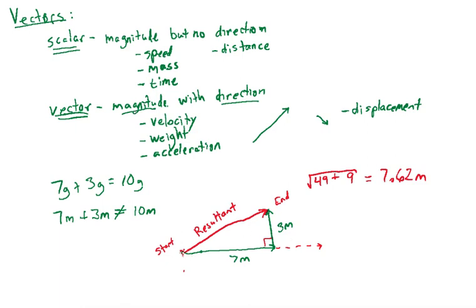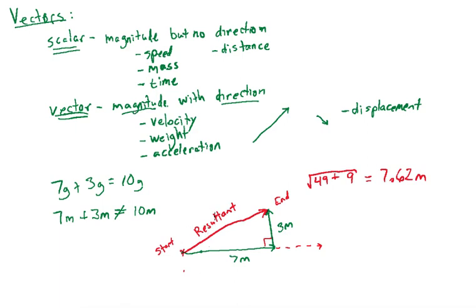If we walked this path, we walked a total distance of 10 meters, but our actual displacement, the vector resultant, the addition of these two vectors, is less than 10 meters. 10 meters is more like the maximum it could be. We could even have walked 7 meters this way and 3 meters back, in which case we would have been 4 meters away from where we started, and that would be the resultant.